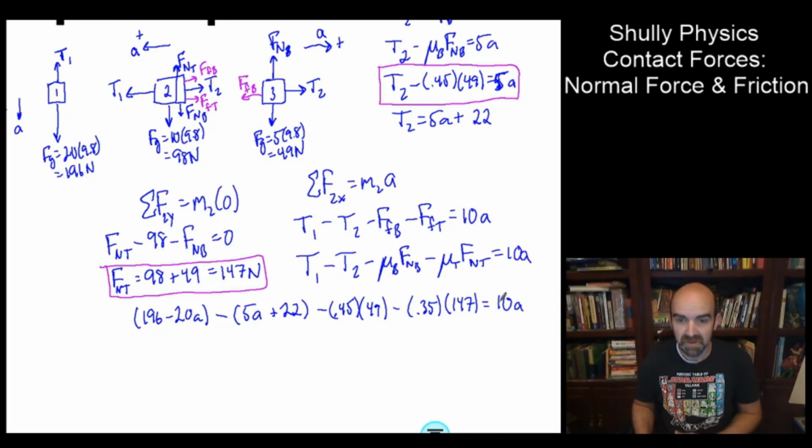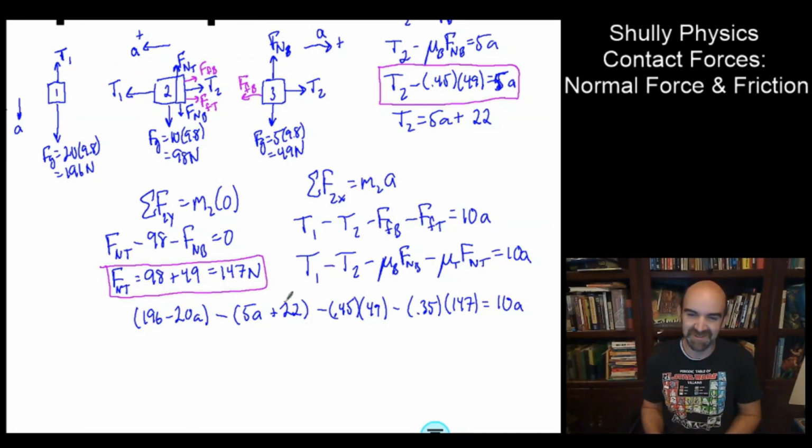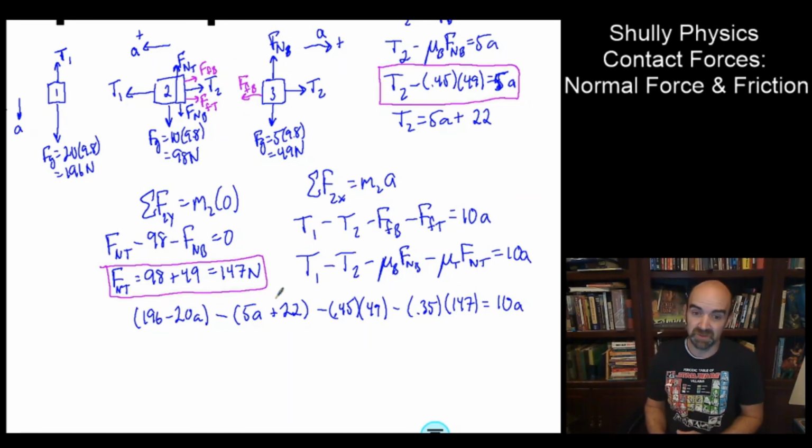Okay, we've got everything in terms of numbers and A, bloated, right? It's a headache, but it's all straightforward. It's still the same thing we've been doing. Friction equals mu times normal force, substitute that in, and let the equations do all the work.